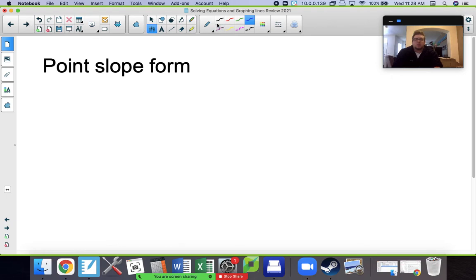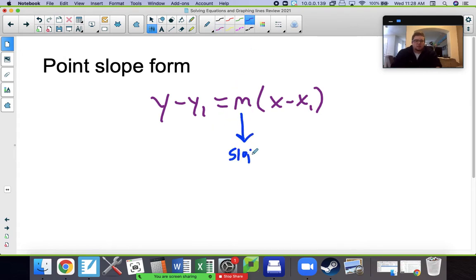And then the last way we know to graph is point slope form. Y minus y1 is equal to m, x minus x1. M is still slope, just like with slope-intercept, still how we move.